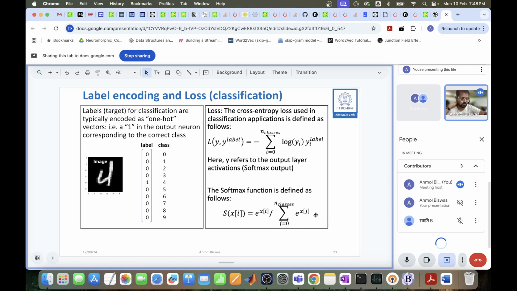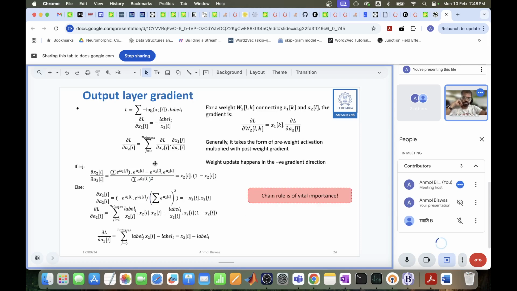Because of this connection, or rather because of this dependency, when you take the gradient with respect to some a2, some a_i, you also have to take into account the fact that x2_j for j not equal to i are also dependent on your a2_i, right?